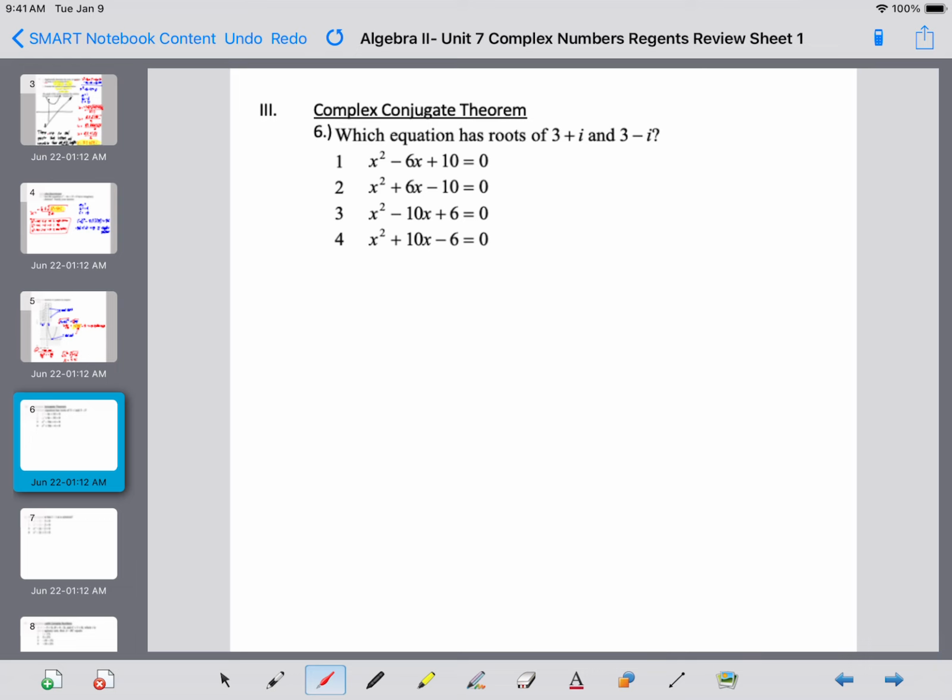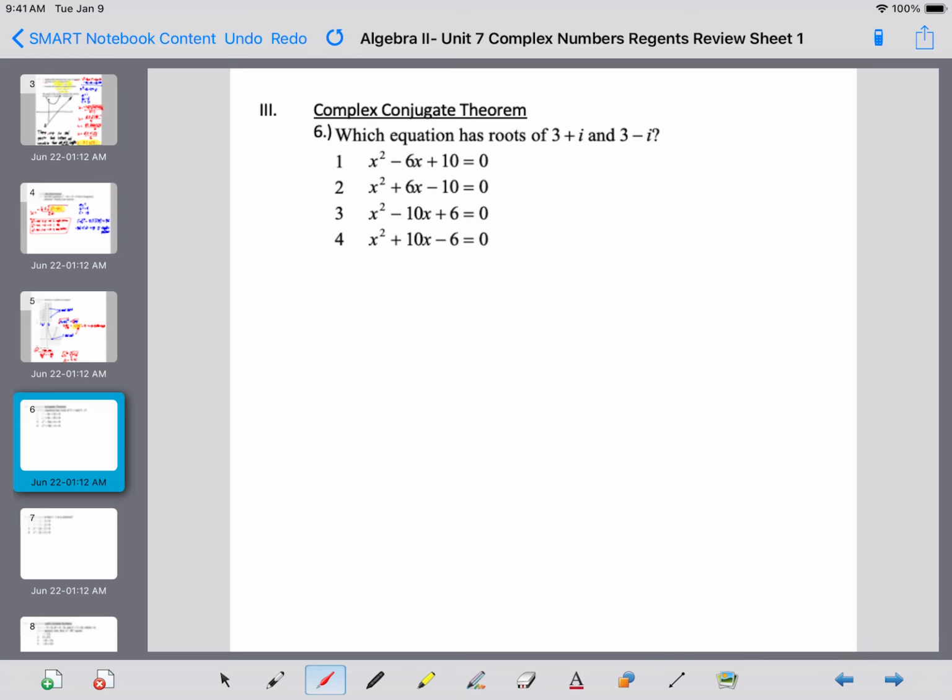Which equation has roots of 3 plus i and 3 minus i? So, first, let's weed out some answers. What you could do, go to y equals and input every one of these equations. Graph them.